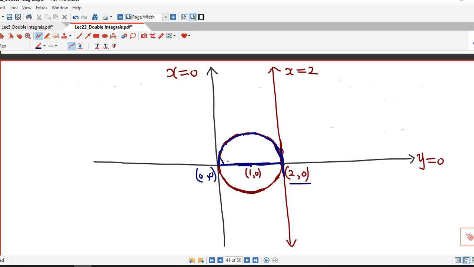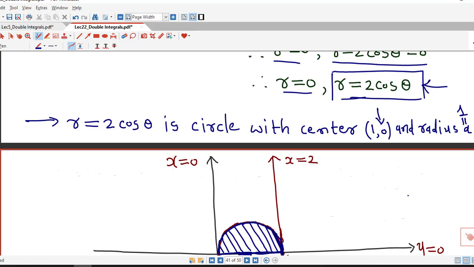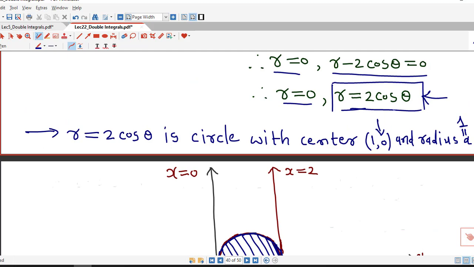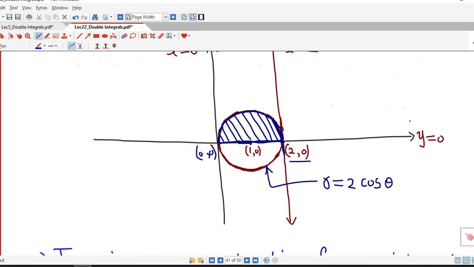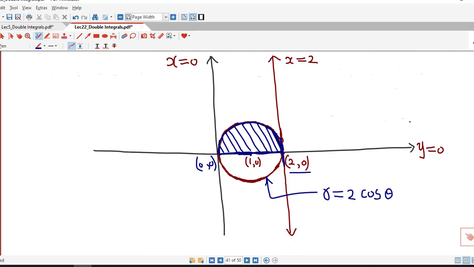So the region of integration is this upper semicircle in the upper half plane between x equal to 0 and x equal to 2, and this is the circle which has polar form r equal to 2 cos theta, which we just mentioned. So the polar equation of the circle is r equal to 2 cos theta.